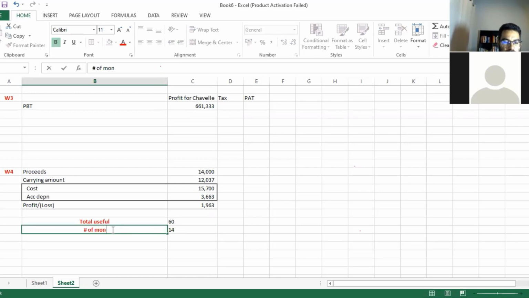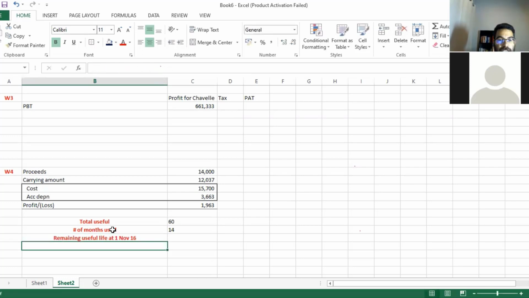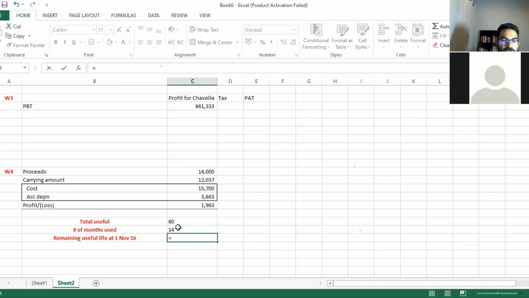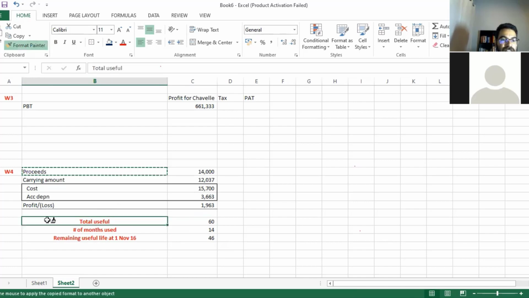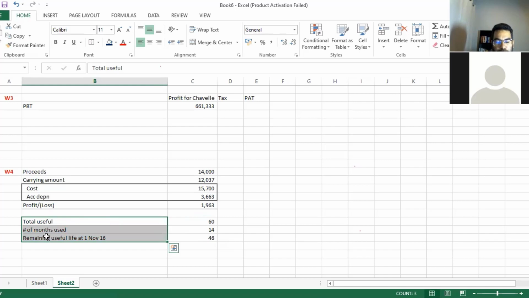Number of months used is 14. Therefore, the remaining useful life at 1 November 2016 would be the difference. So the remaining useful life from the date Chevelle used the asset is 46 months. So Chevelle is depreciating the asset over 46 months. Just understand that. The total useful life is 5 years, which is 60 months.